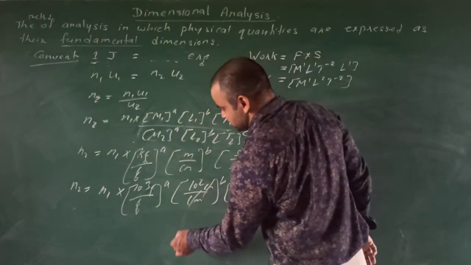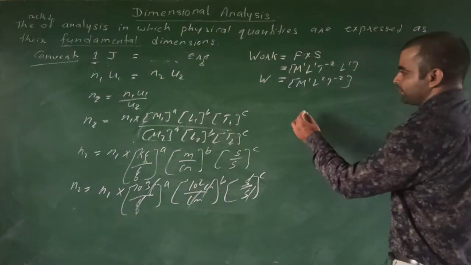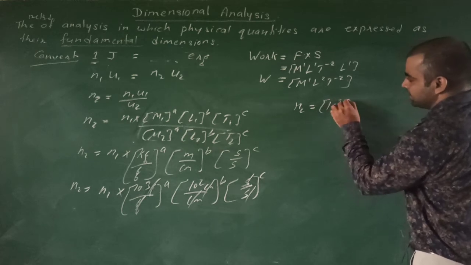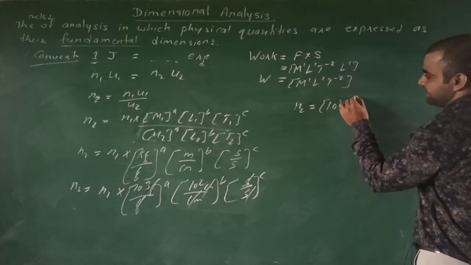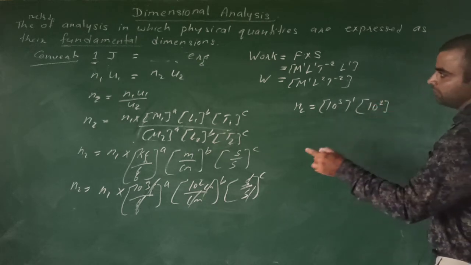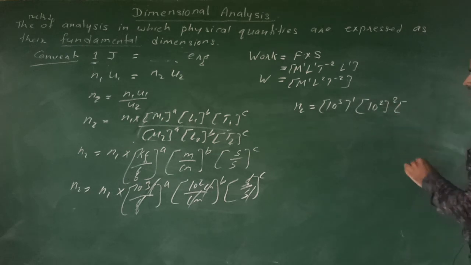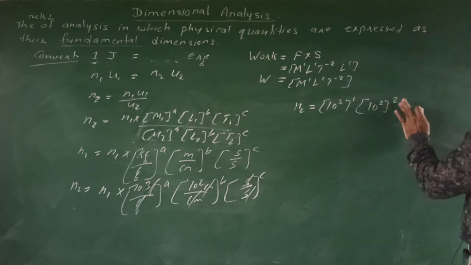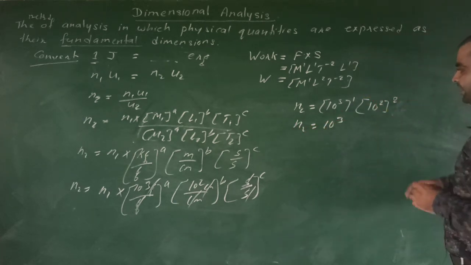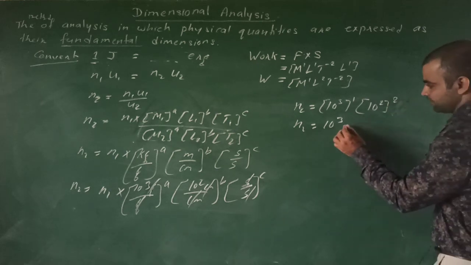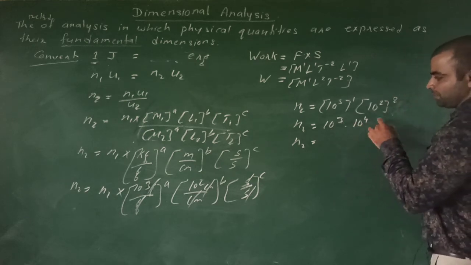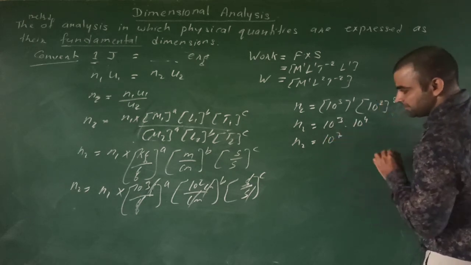Second, centimeter, gram cancel. N2 equals 10 raised to power 3, and value of a is 1; 10 raised to power 2, value of b is 2. And second cancelled. N2 equals 10 raised to power 3 and 10 raised to power 2 into 2, that is 10 raised to power 4. 10 raised to power 3 into 10 raised to power 4, 10 raised to power 7.